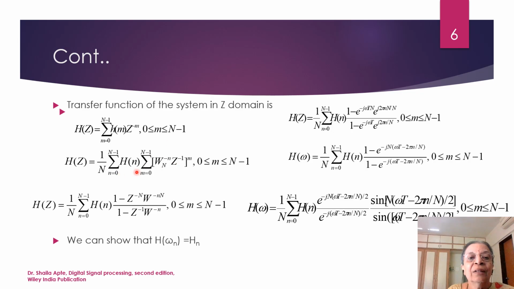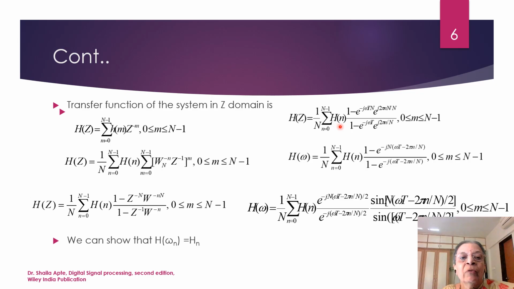So we get H(n) summation, W_N raised to minus n, z raised to minus 1 raised to m, by putting the value of h(m) in the equation. And then we just take the closed form expression for this summation. So it is 1 minus z raised to minus N divided by 1 minus z inverse W raised to n. This is a closed form expression for this summation.